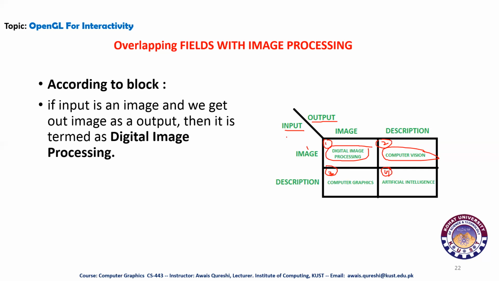Okay, so what is the third? Input is the description, and the output is an image. So here we have computer graphics. We input some description, and it is the responsibility of the computer graphics engine to create a new image. Like in computer graphics, we write some code in OpenGL.